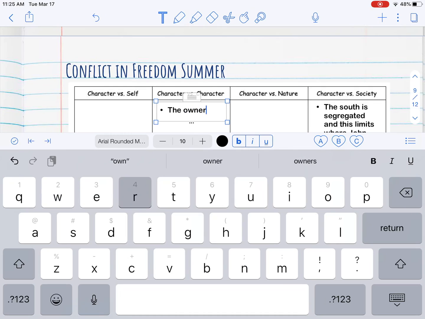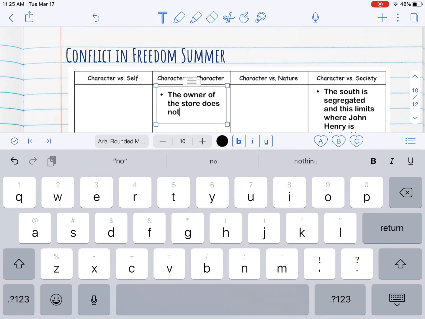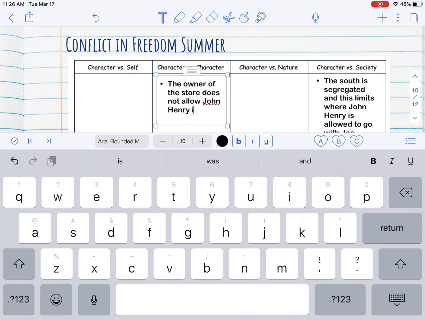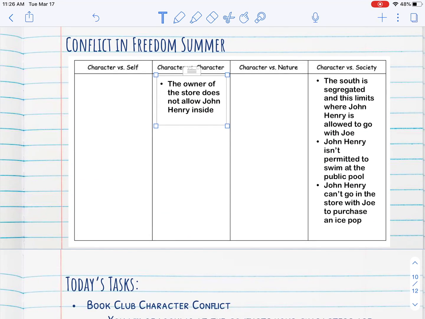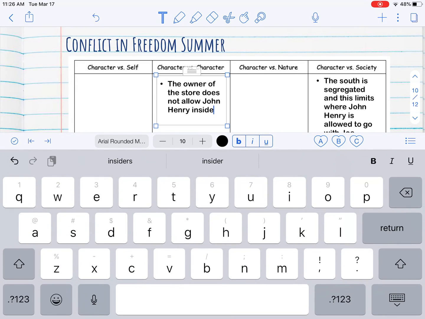So the owner of the store does not allow John Henry inside. Now, we talked about the store with society too. That's segregation was what society had in place in the government, but the store owner still has a choice whether or not to let John Henry in the store. So that was why we have that character versus character.